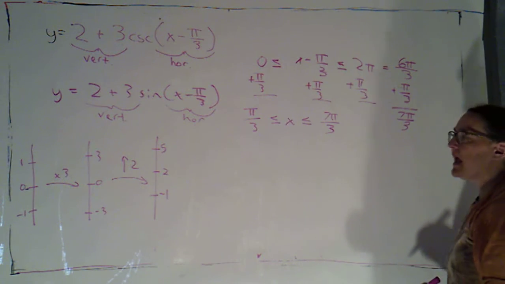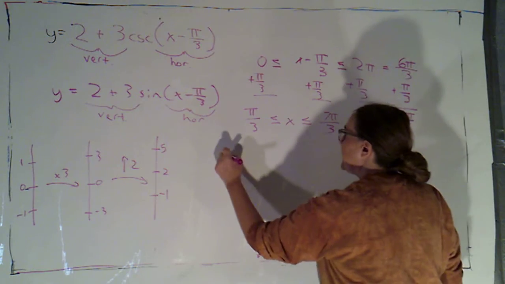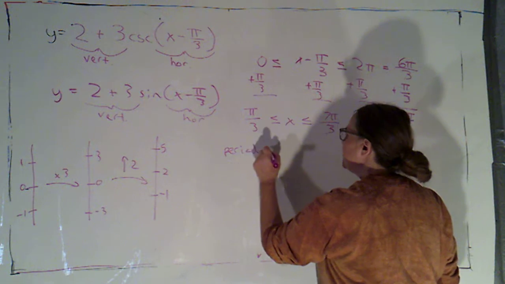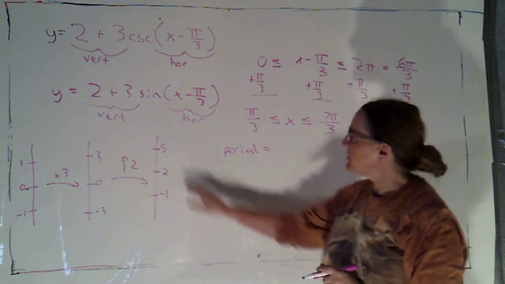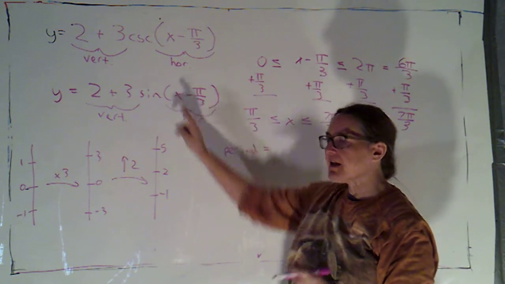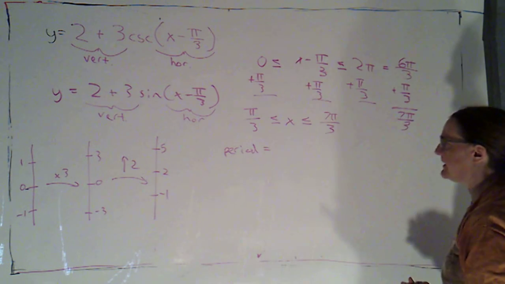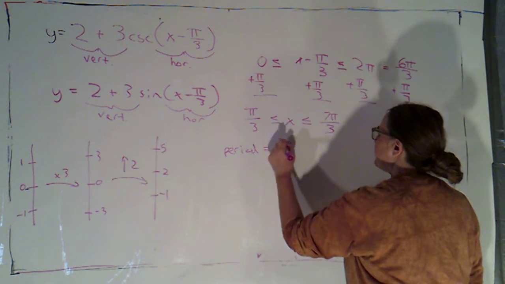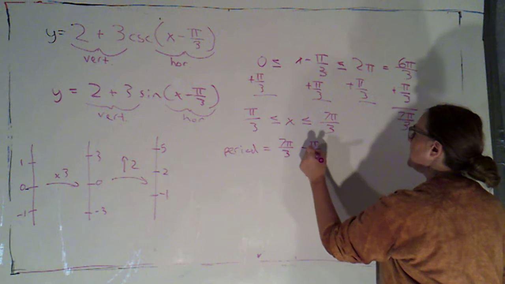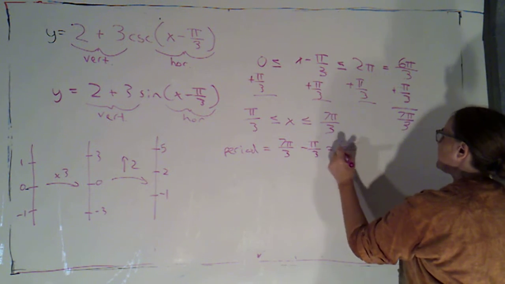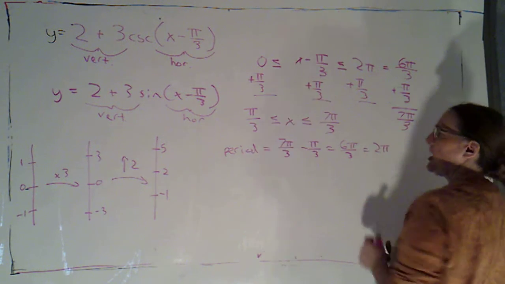Okay. Now, it should be that the period is actually still just 2 pi, because I only change the period if I multiply x by a number, and I'm not doing that here. Let's confirm that. 7 pi over 3 minus pi over 3. Yep, that's 6 pi over 3, which is 2 pi. Okay.